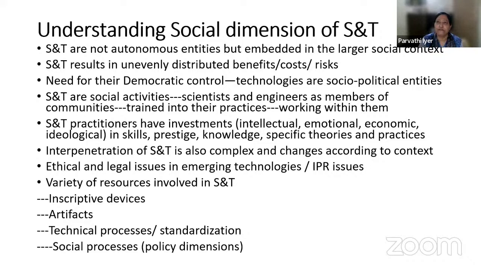Inscriptive devices could be your field notes and your literature, etc. Artifacts are the kind of devices that you use in the laboratory, your instrumentation. Then technical processes and standardization, for instance, good laboratory practices, GLP, or SOPs on a shop floor where you are engaging in production, you have standard operating procedures. All these are part of technical processes.